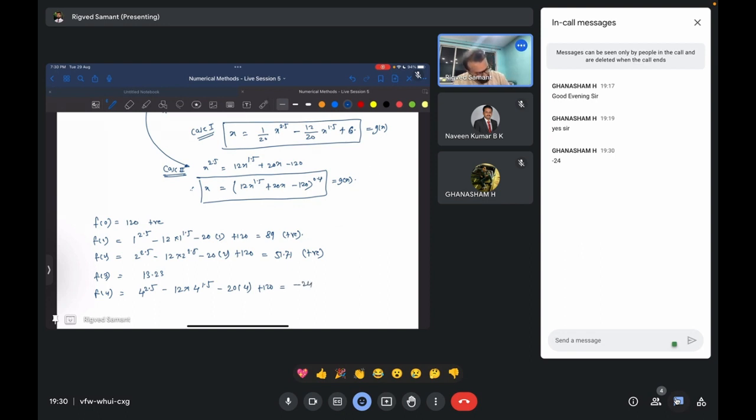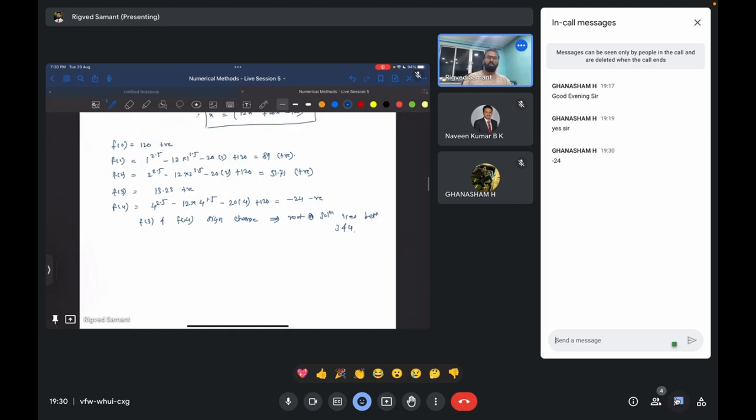So here it is negative, and before it is positive. So there is a sign change between f of 3 and f of 4. This implies the root or solution lies between 3 and 4.